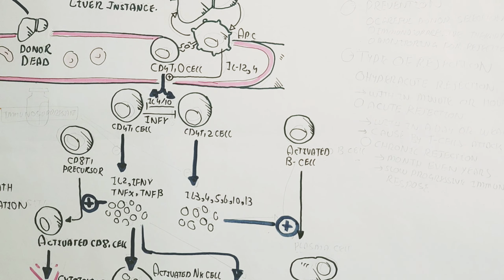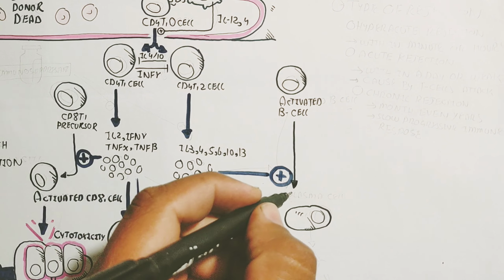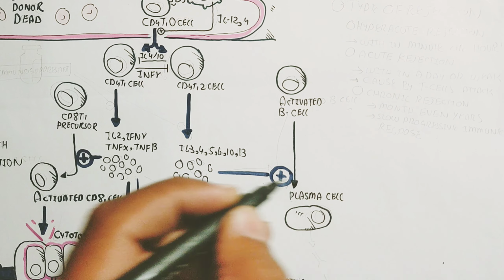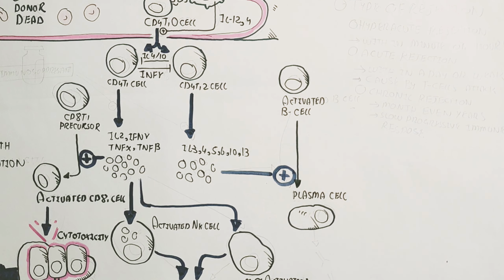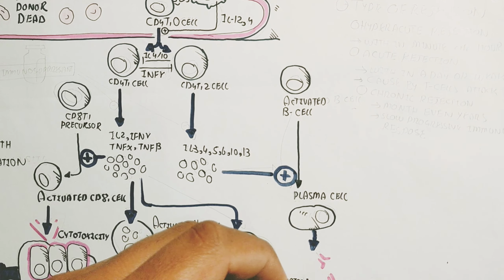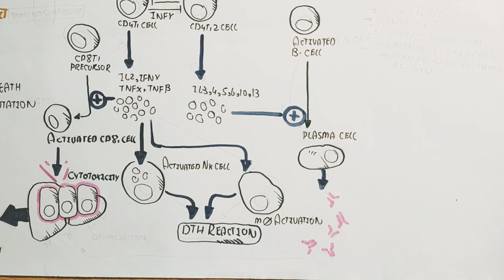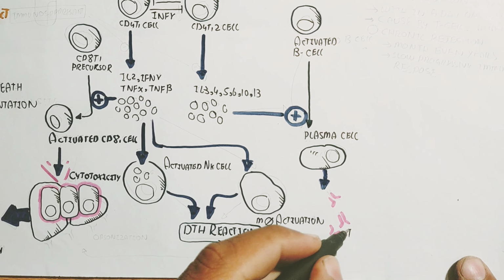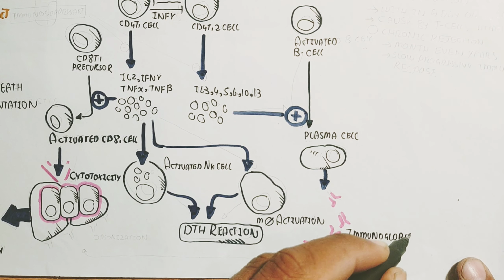On the other hand, the B cell is activated by interleukin 3, 4, 5, 6, 10, and 13 through the CD4 Th2 cell. It proliferates to produce plasma cells, and immunoglobulin is produced.